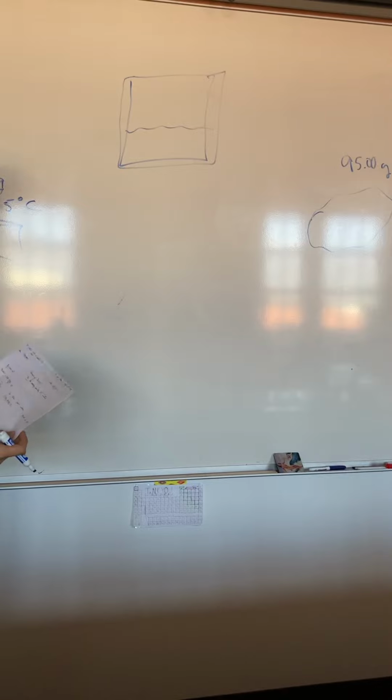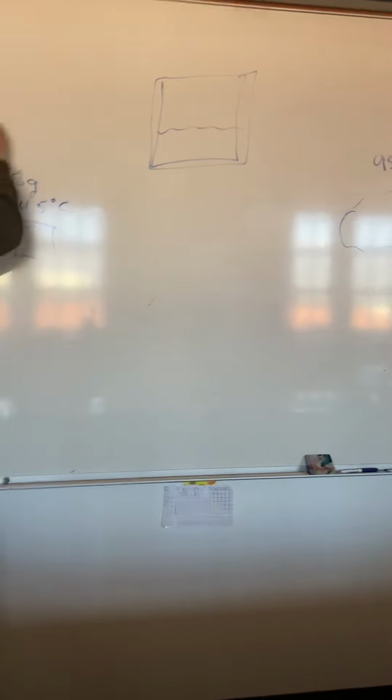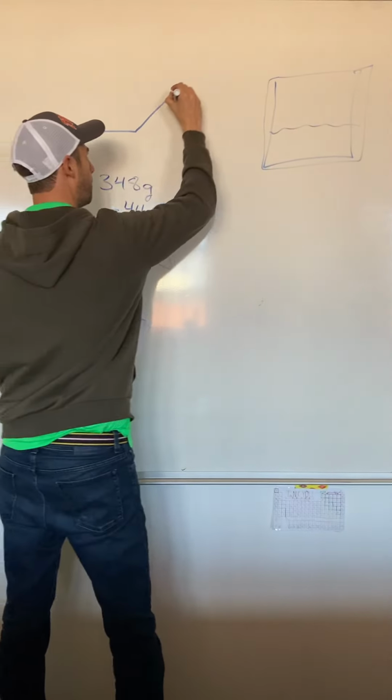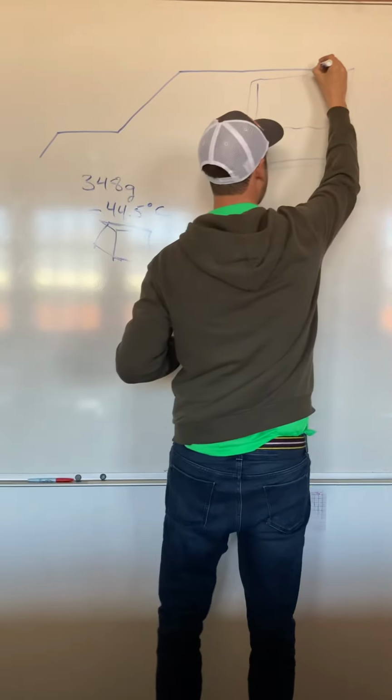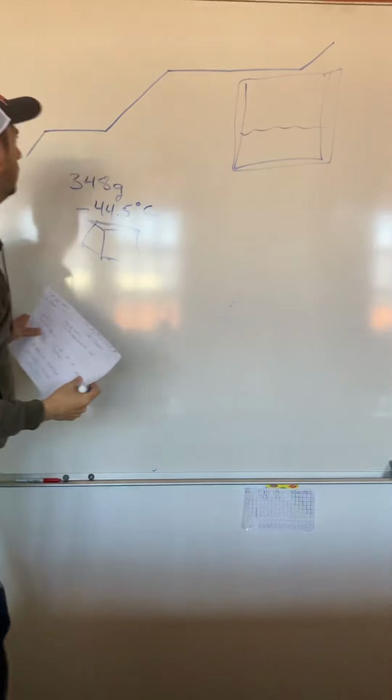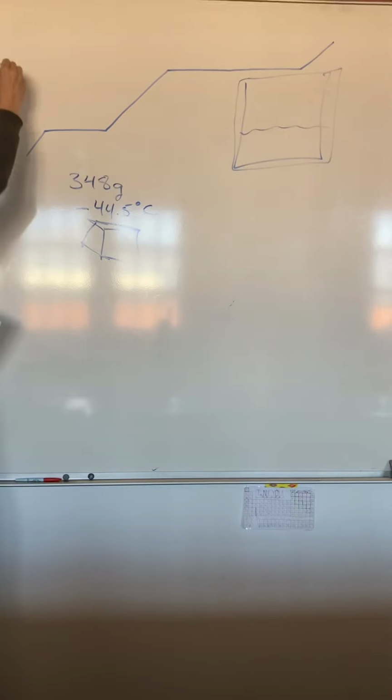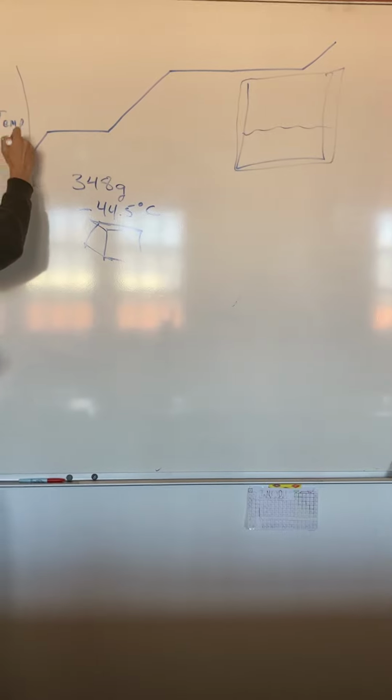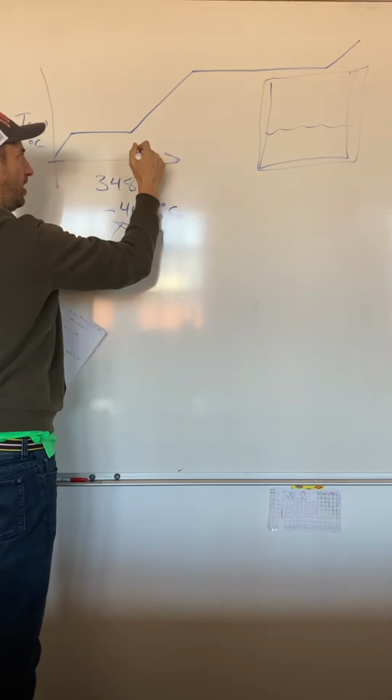To get there, we need a picture of what's going to happen with the energy. So here's a heating and cooling curve. This is the temperature in degrees Celsius, and this is the amount of energy that I've added.